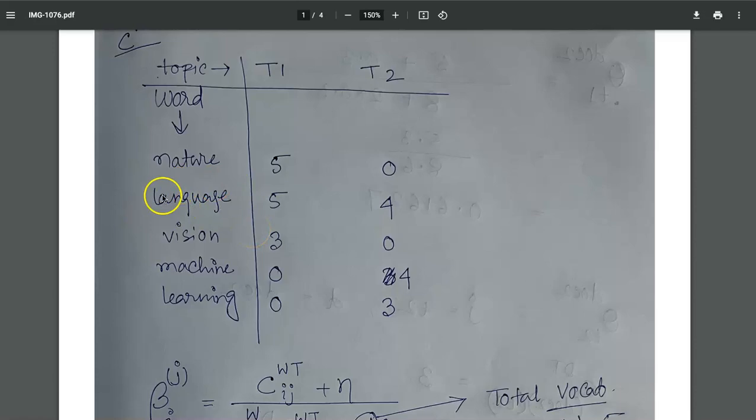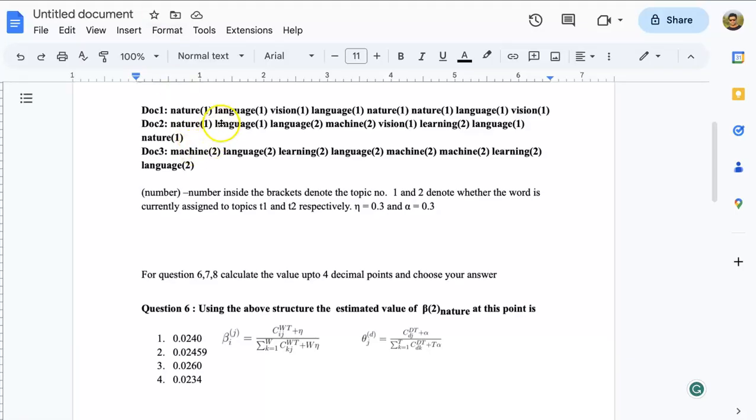So let's check language. Let's first count with topic class 1: 1, 2, 3, 4, 5. So there are 5 occurrences of language in topic class 1.